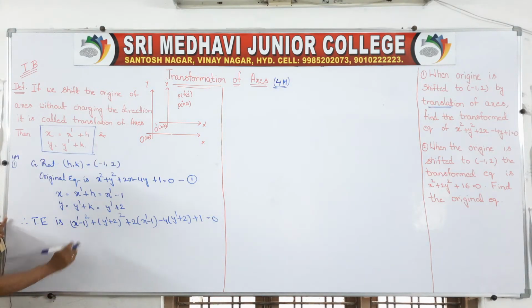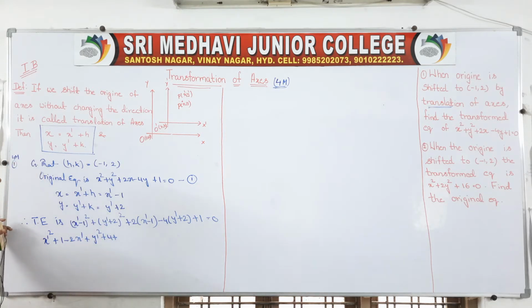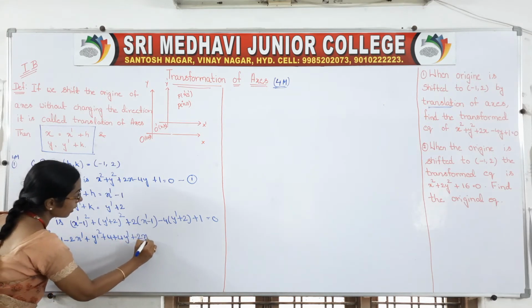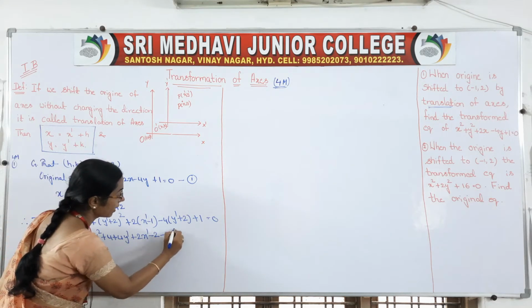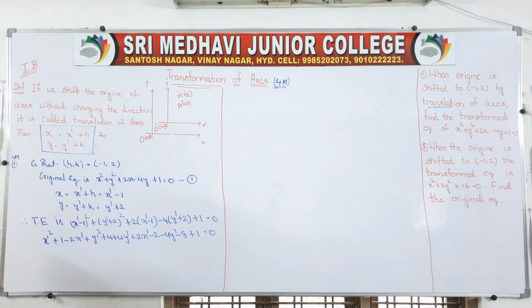Using the (a minus b) whole square form, a square plus b square minus 2ab, and similarly a square plus b square plus 2ab, we get: plus 2x dash minus 2 minus 4y dash minus 8 plus 1 is equal to 0.